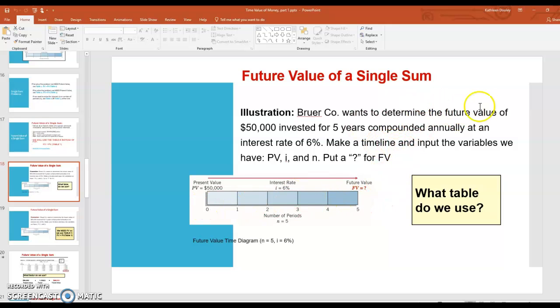In this case, we want the future value, so that's the question mark. We have $50,000 invested now, so that's present value. We've got an interest rate of 6%, and we have 5 years as our number of periods. Let's take a look at using the app to calculate things with that.